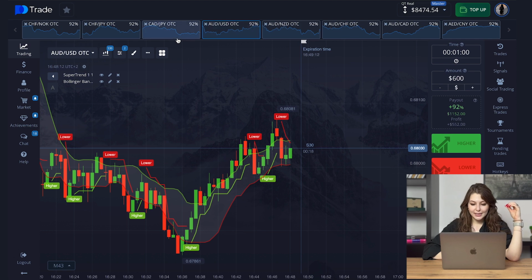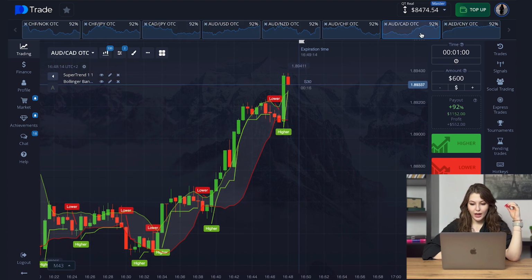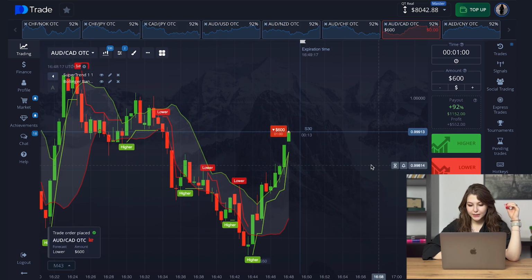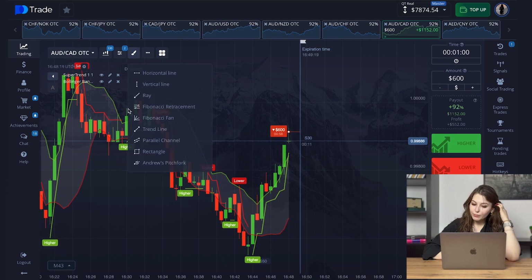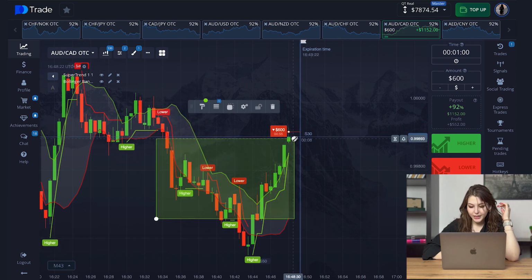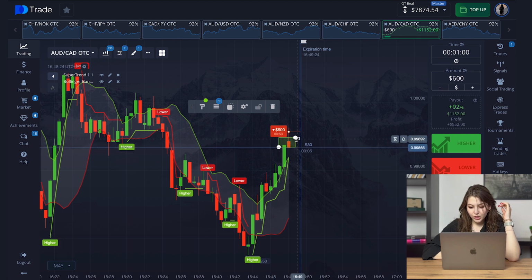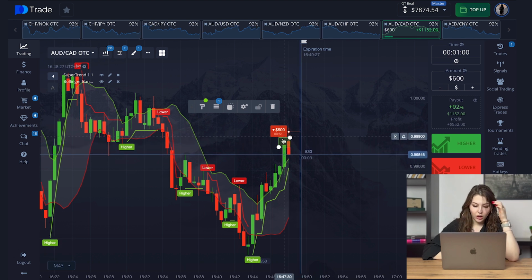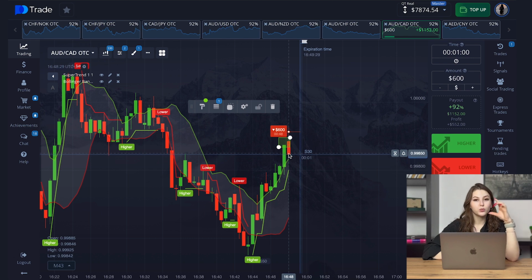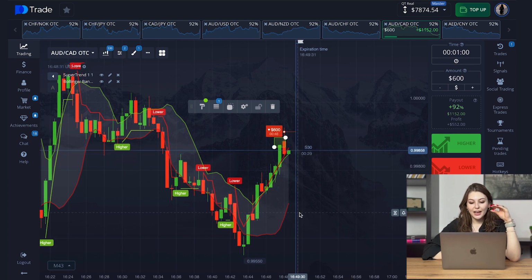So let's see what's happening on other assets. Wow, same story. Why am I putting lower? Because here I saw this very interesting window. As you saw before, here was a window between the candles, and that is a window that gives the opportunity for the price to fall.